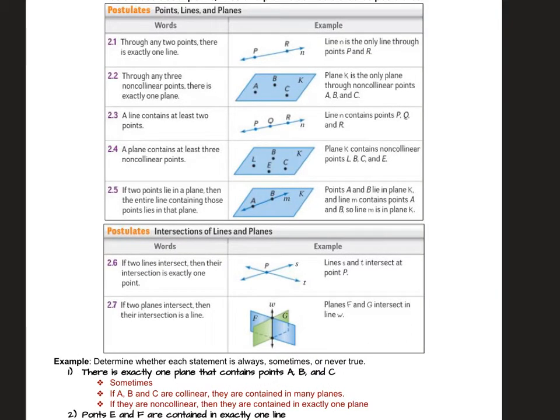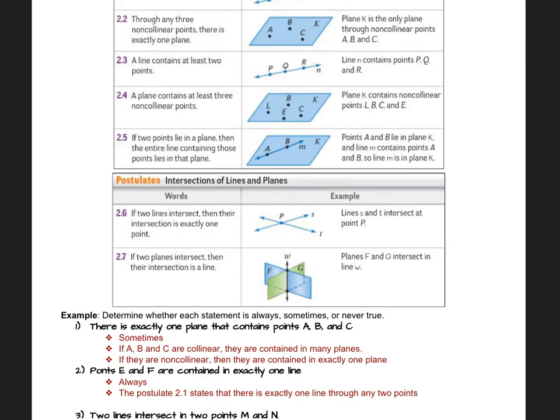Example 2 says points E and F are contained in exactly 1 line. So would that be always, sometimes, or never true? And so points E and F are contained in exactly 1 line is always true, because referencing postulate 2.1, through any 2 points, there is exactly 1 line.